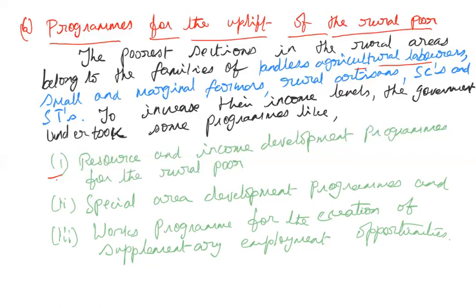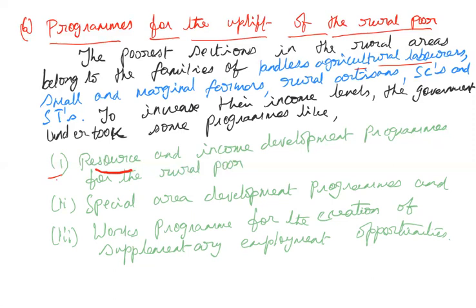So the government wanted to provide some kind of resource to these laborers. You remember the land reforms. What the government did was impose the land ceiling, take away the excess land from the big landlords, and redistribute it to the poorer sections of the population.